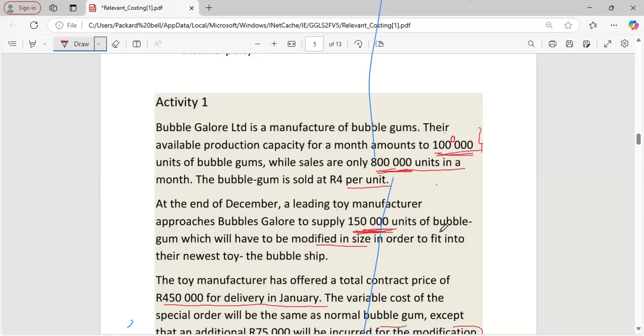So you know that's decision making, which means you are going to use the relevant cost. Any decision making, remember I said, whenever you are doing decision making, you are going to use the relevant cost. You will see when we do capital budgeting. Capital budgeting is a decision making tool, so there you also need to use relevant cost.